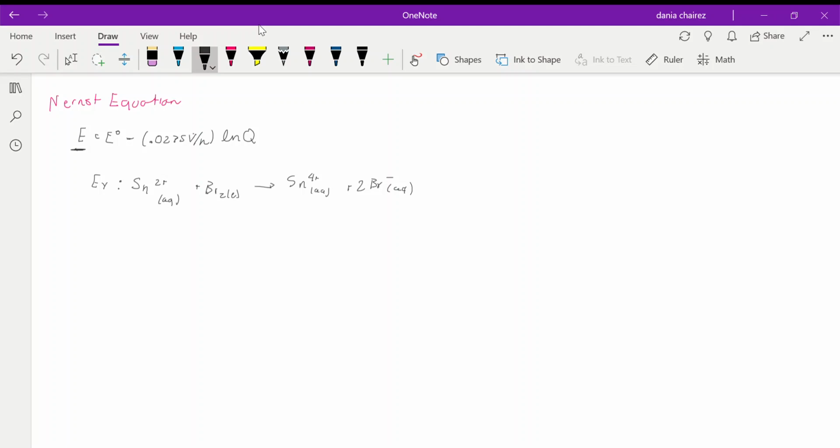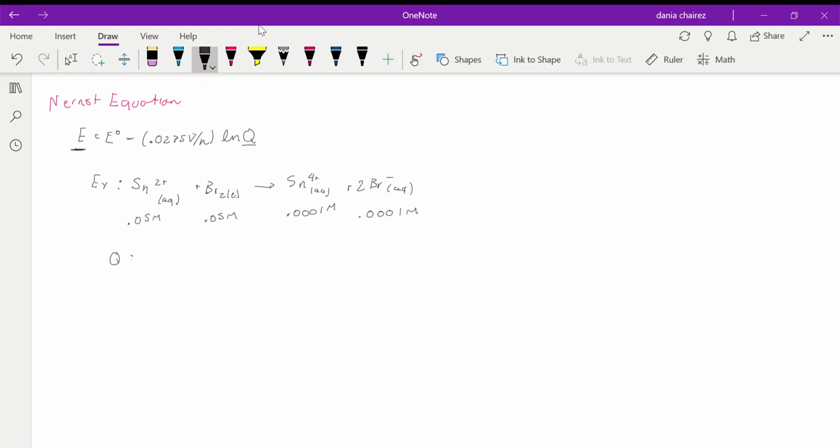And then it tells me the concentrations of these things are 0.05 molar, 0.05 molar, 0.001 molar, and 0.0001 molar. So if we're going to write our Q expression, I just want to solve for that first before we do anything else.